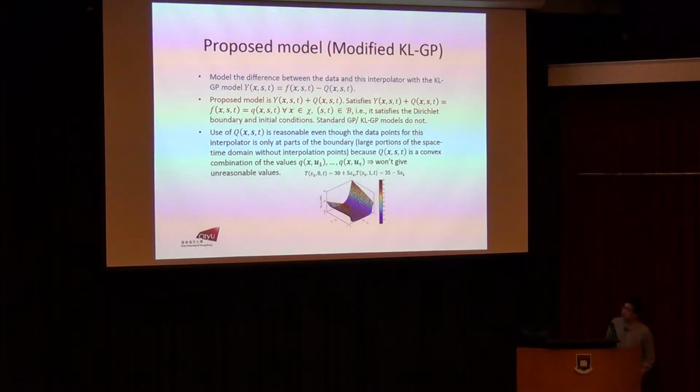After having constructed the inverse distance interpolator, we take the difference between the experiment data and the interpolator, which is f minus Q. We model this residual with the KRGP model, and our final model is the KRGP model for the residual, denoted here y, plus the inverse distance interpolator Q. It can be shown that this model, called the modified KRGP model, satisfies the Dirichlet boundary and initial conditions almost surely.